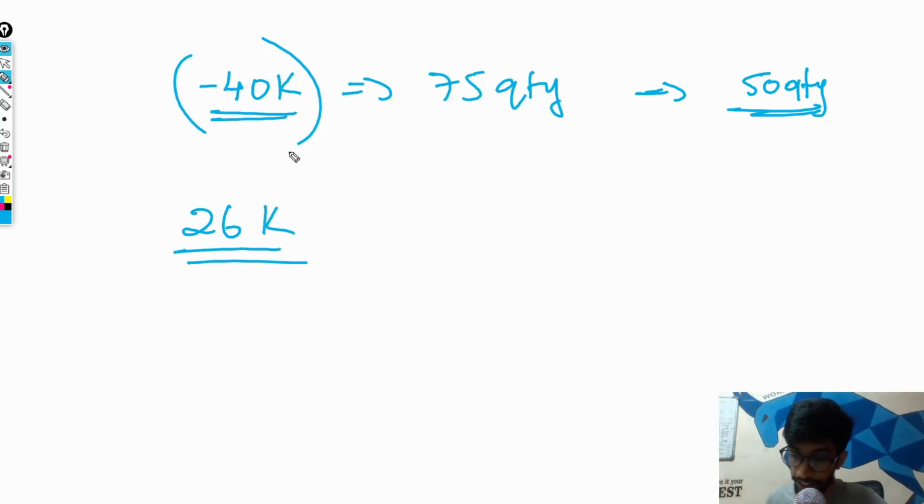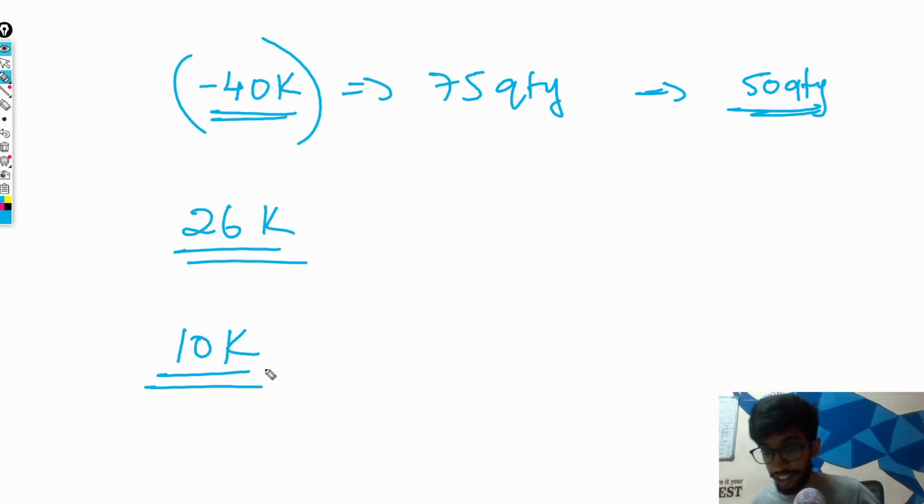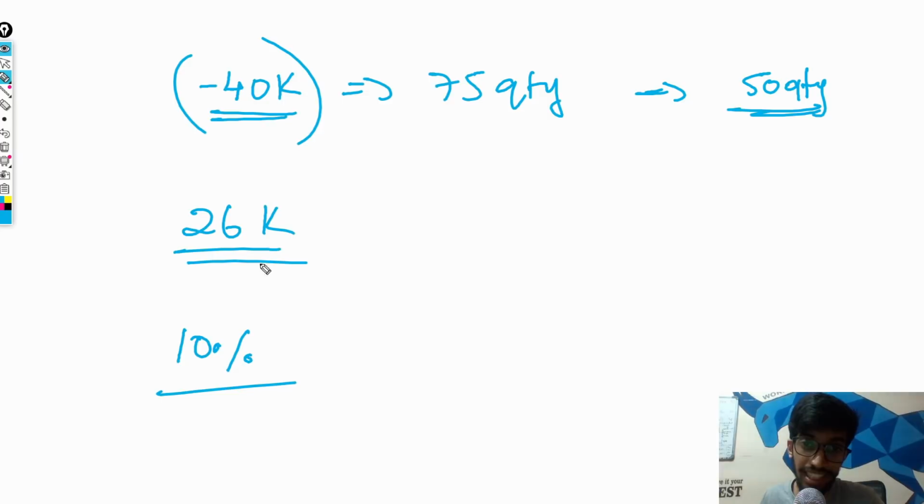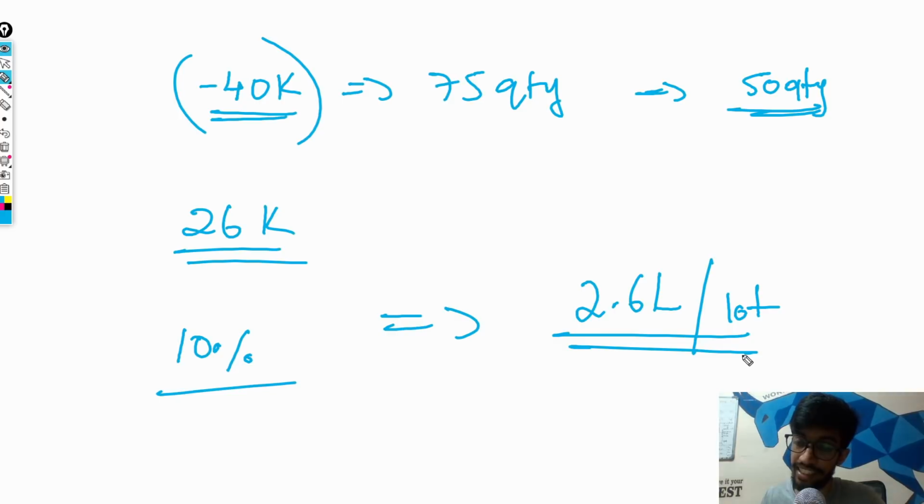So what you are going to do is make sure that this 26K is somewhere around 10% of your overall capital. Not 10K, 10% of your overall capital. This is what we recommend, having 10% as the max drawdown, which means you will require a capital of somewhere close to 2.6 lakh per lot to execute.